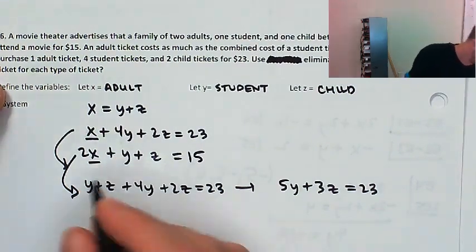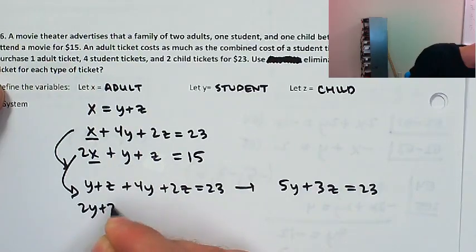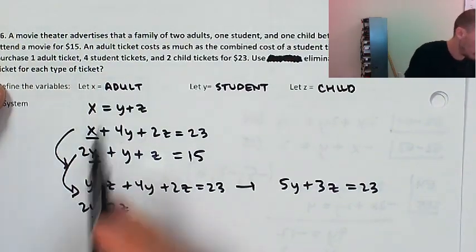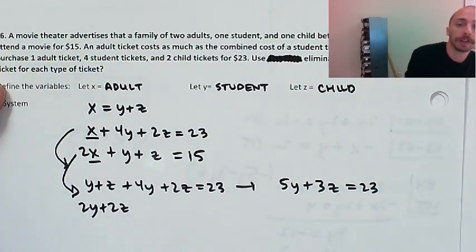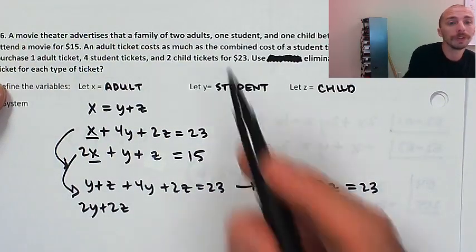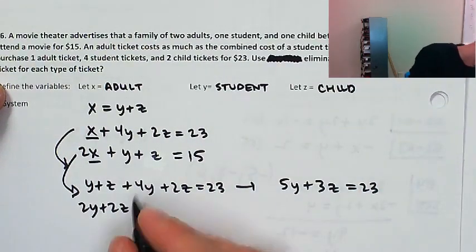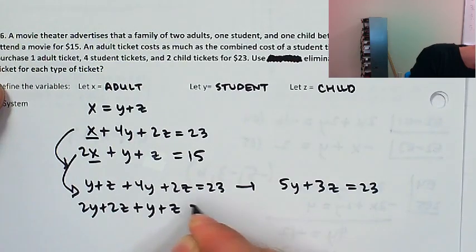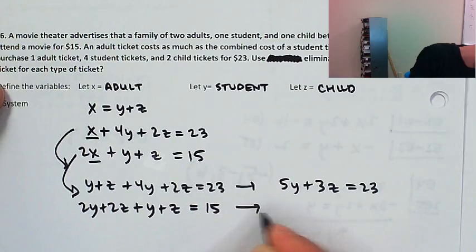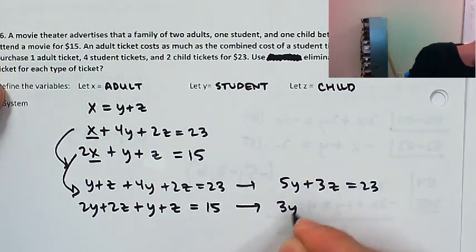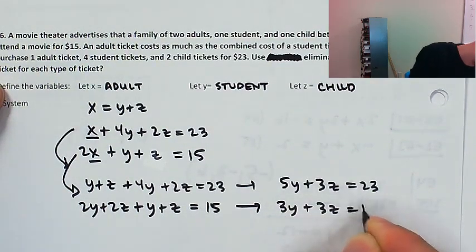That's going to be 2y and 2z. Because if an adult ticket costs a student and a child ticket combined, 2 adult tickets is going to be like 2 of each, right? And then plus 1y and 1z, that's going to be $15. So when I combine these all, that's 3y plus 3z equals 15.